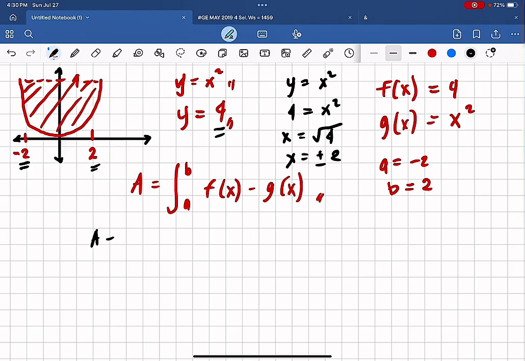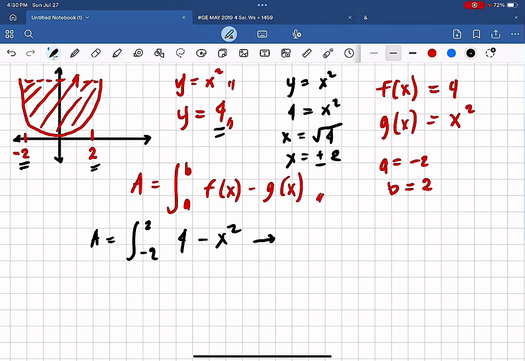So area, what is our a? It's equal to negative 2. Our b is 2, and our f of x is equal to 4 minus the g of x, which is equal to x squared.